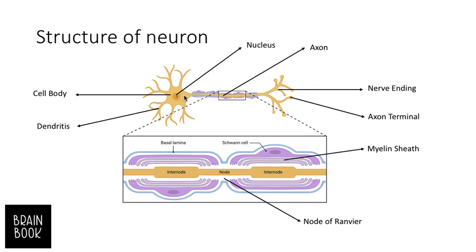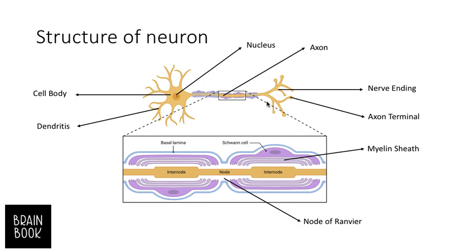The axon is a fiber that connects the cell body to the nerve ending, and it is the longest projection of the neuron and is coated with a myelin sheath. Here you can see the nerve ending that contains the axonal terminal.